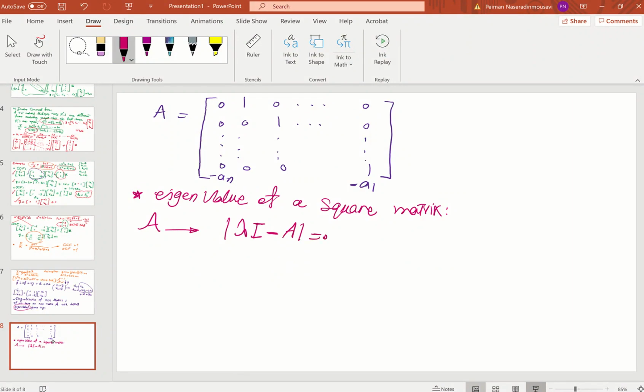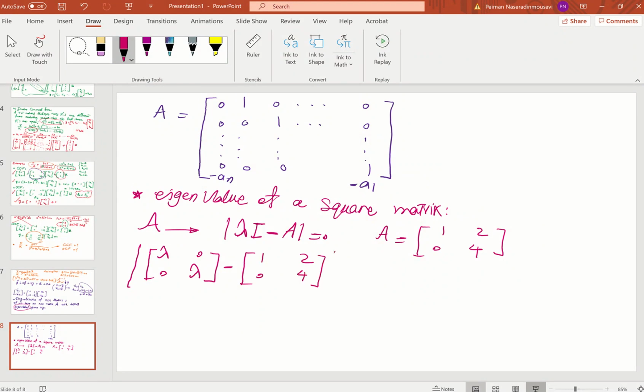For example, if your A is 1, 2, 0, 4, lambda I is going to be what? Lambda, 0, 0, lambda. It's a constant number multiplied by the unity matrix. Minus A, where A is 1, 2, 0, 4. That's right. This is equal to 0.